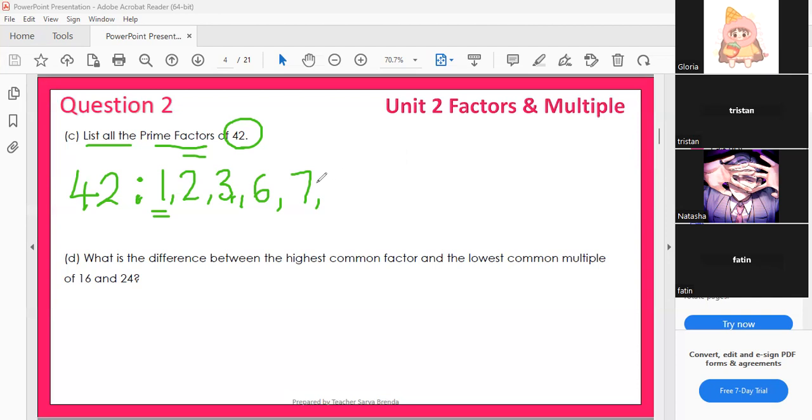14, 15, 16, 17, 18, 19, 20, 21. Is 21 a factor of 42? Yes. Why? Because 2 and 21 is a pair. Okay?